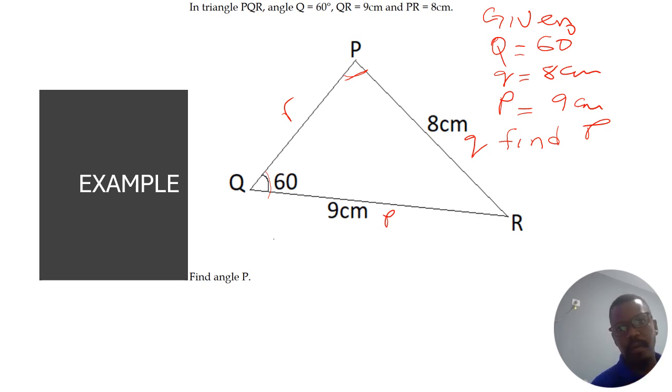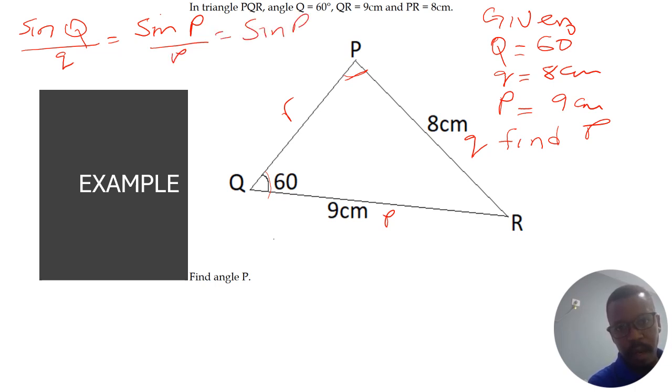Using the same thing, remember in this case we'll say sine Q over small q should be equal to sine P over small p, which should be equal to sine R over small r.